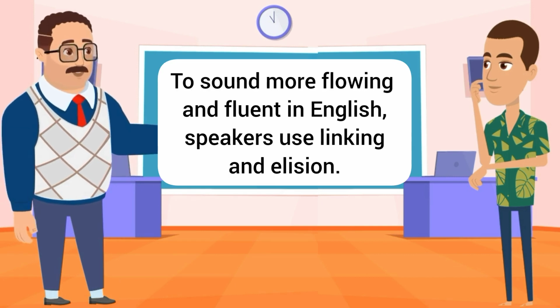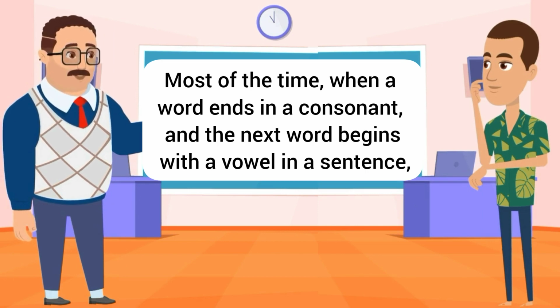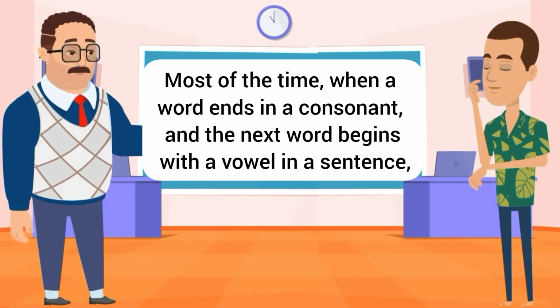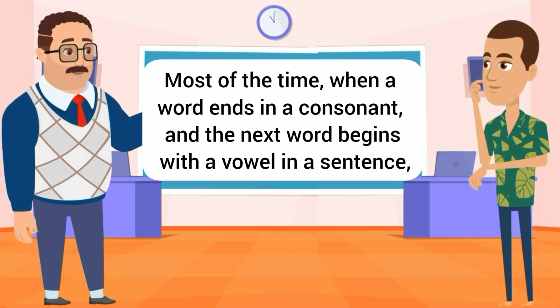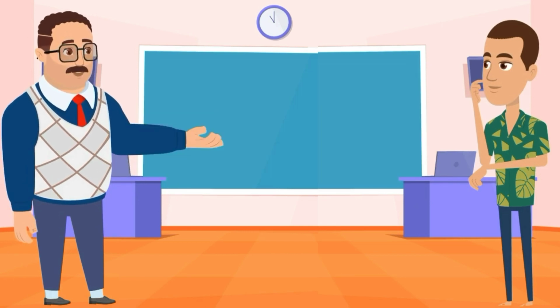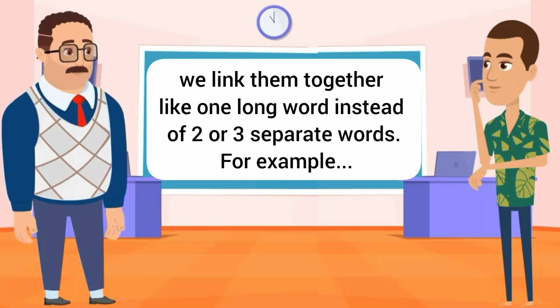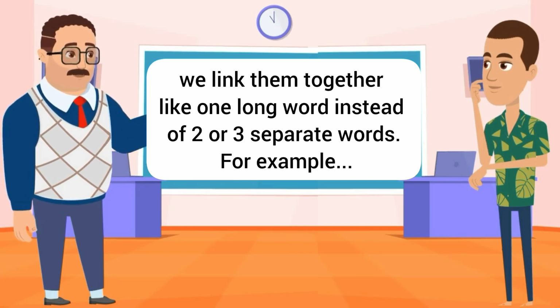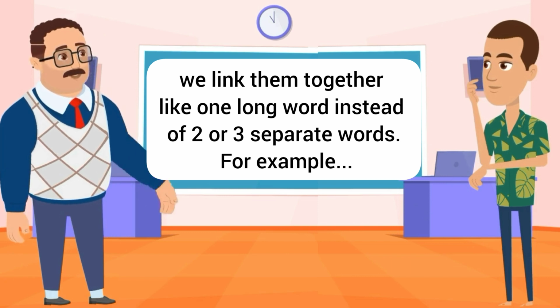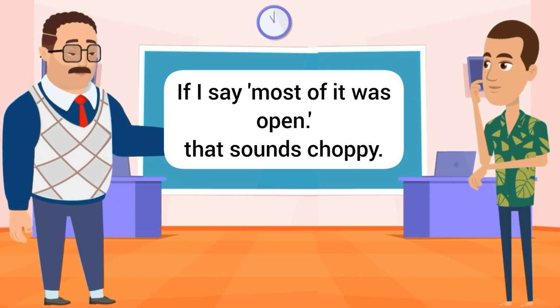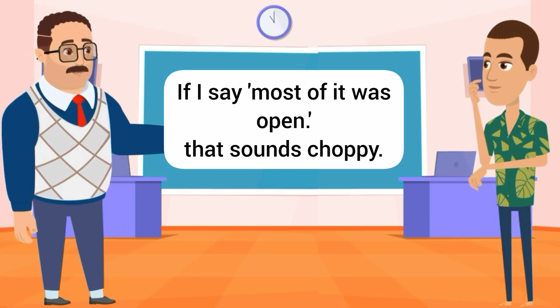To sound more flowing and fluent in English, speakers use linking and elision. Most of the time, when a word ends in a consonant and the next word begins with a vowel in a sentence, we link them together like one long word instead of two or three separate words. For example, if I say, most of it was open, that sounds choppy.